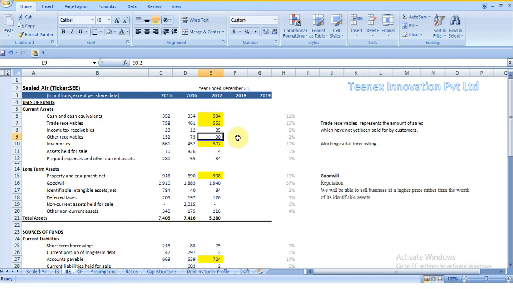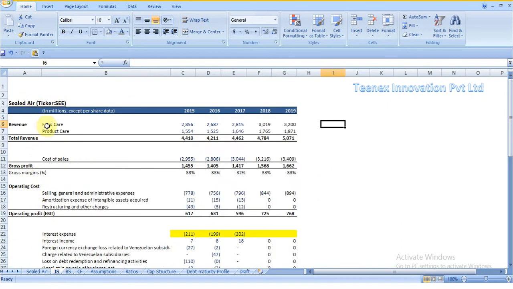Similarly, assets held for sale. Assets held for sale is nothing but the assets of a division which the company has sold recently. For example, in this case, in Sealed Air, the company recently, in September 2017, sold one of its divisions. Right now, two divisions are appearing: food care and product care. They had one more division, the diversey business.